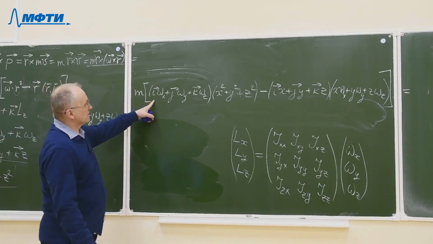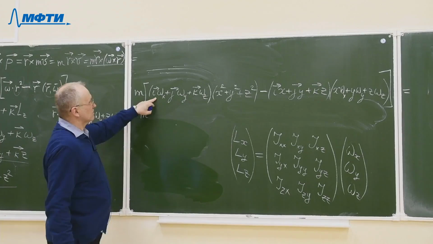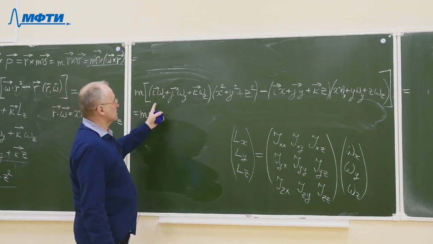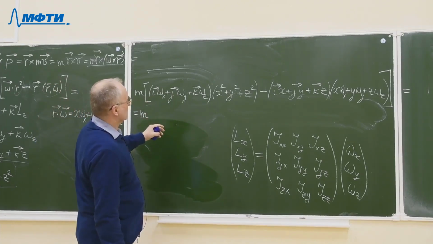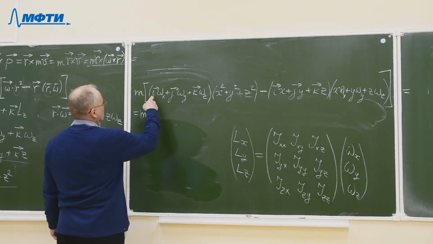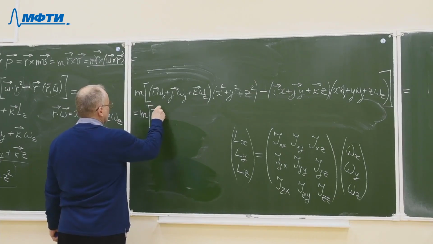And then inside the square brackets, we will open these round brackets and see what coefficient will be at unit vector i.